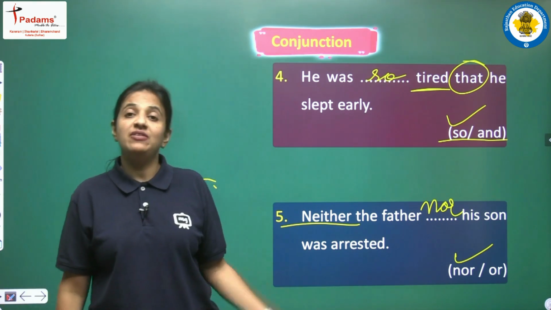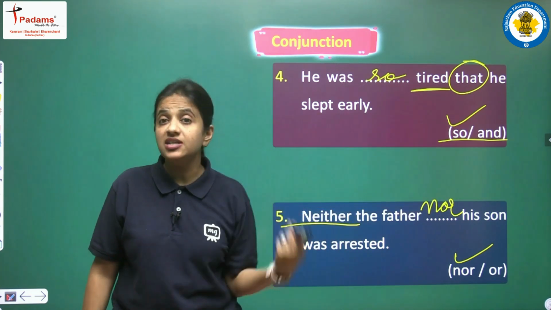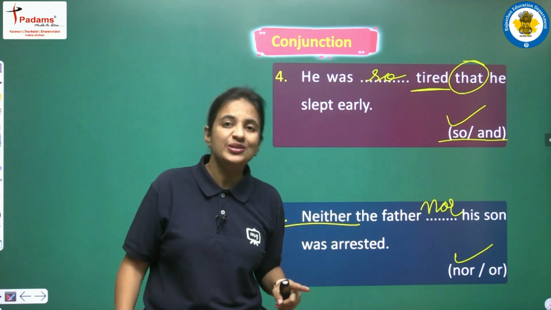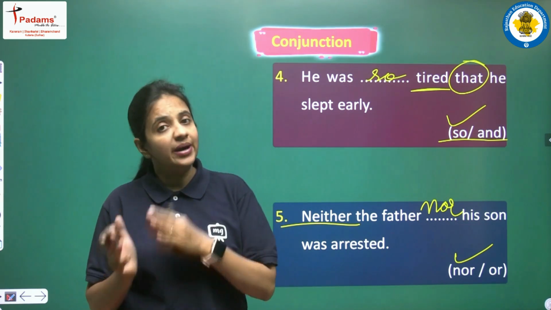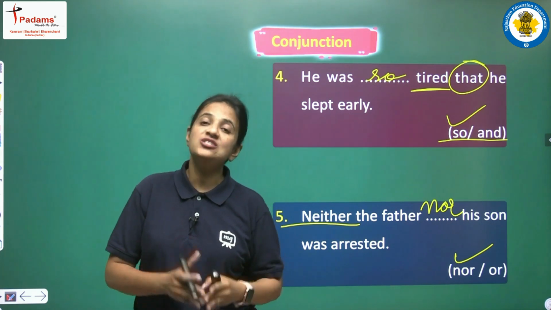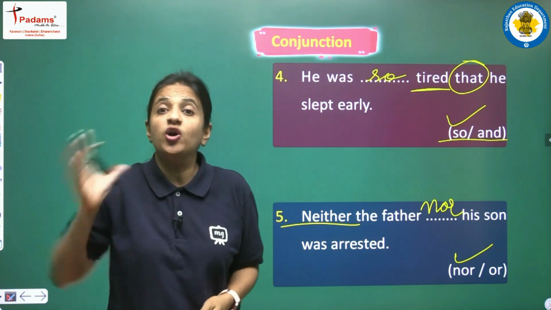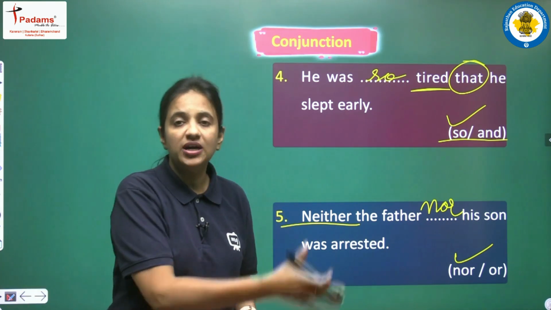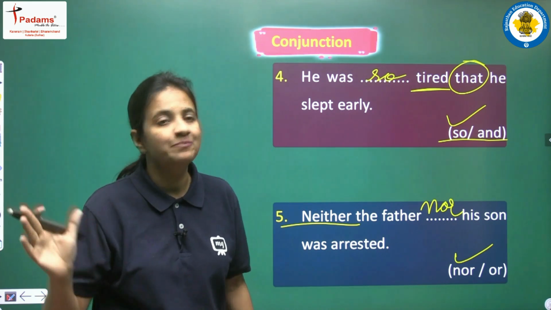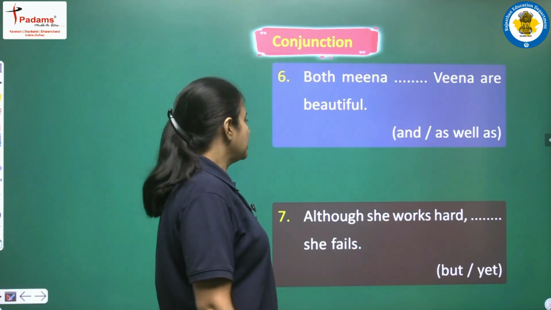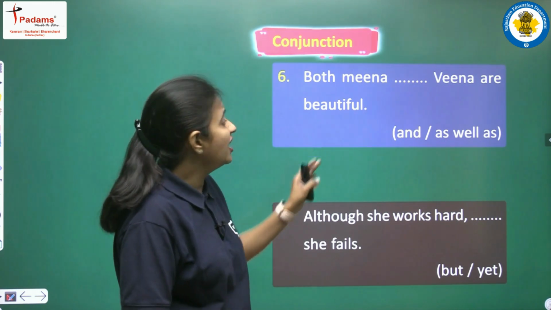So yes, we are having a negative sentence, but the structure of the sentence will be positive, and we have discussed this also in the previous video that neither nor, yes, they are negative words, but when they are used in a sentence, we have to follow the structure of a positive sentence, but because of these words the meaning of the sentence will be negative.